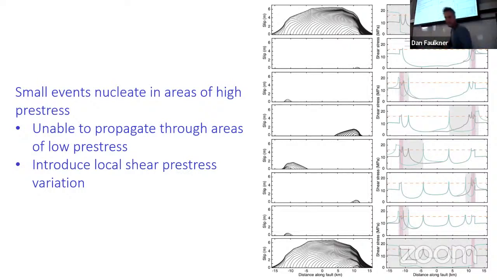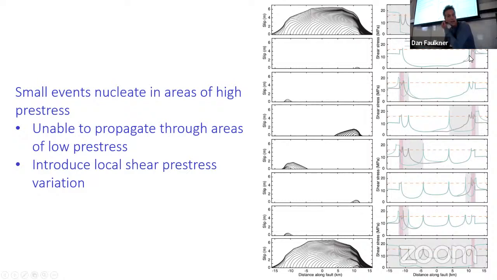If we look at the right-hand side panels here, this one to start with, the orangey dashed line is the failure stress, or the stress that you need to slip your fault. And the grey line, I think it's grey, not quite sure, is it green? Slightly colourblind.